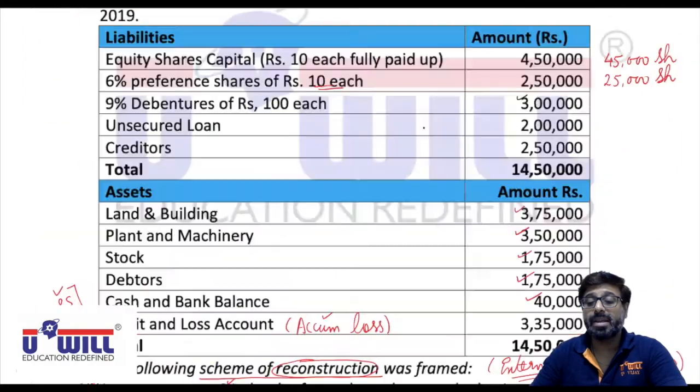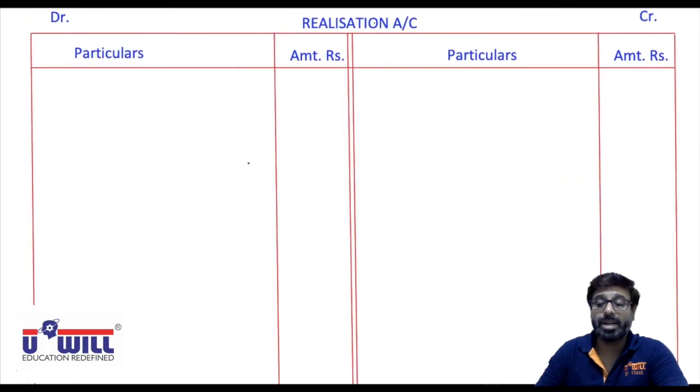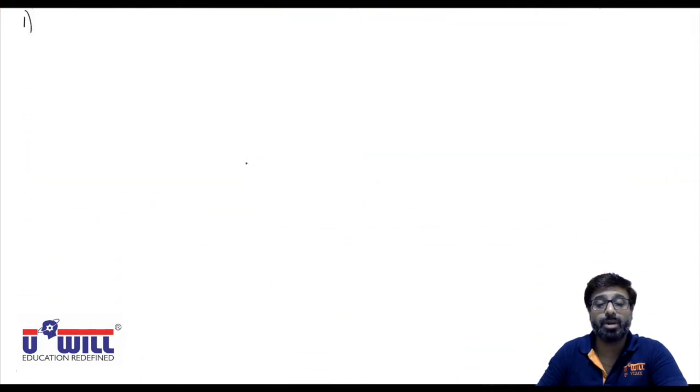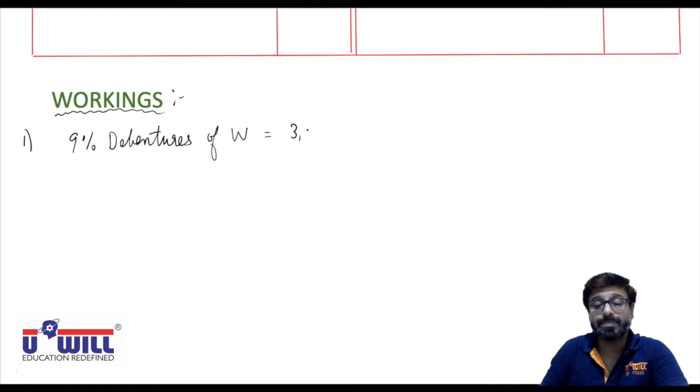Discharged at par, premium, discount, nothing is given. Means 9% debentures of W Limited's value 3 lakhs, the agreed value is 3 lakhs itself, book value itself.